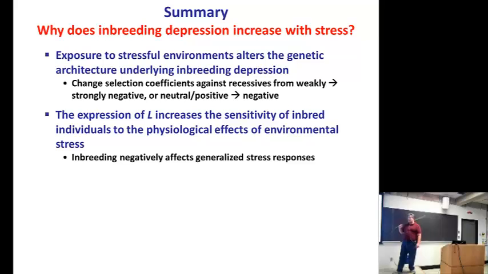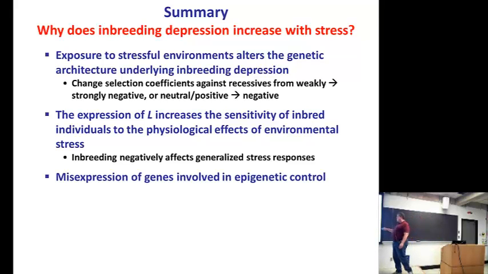There's a physiological set of explanations: the expression of genetic load increases the sensitivity of inbreds to the physiological effects of environmental stress. For example, you can have breakdown of the heat shock response or other generalized stress responses in inbreds compared to outbreds. There's a lot of experimental data on this, generally supportive, although we're still in the infancy of understanding it.